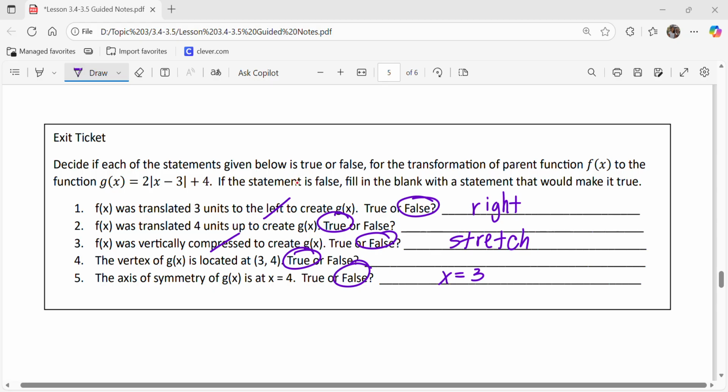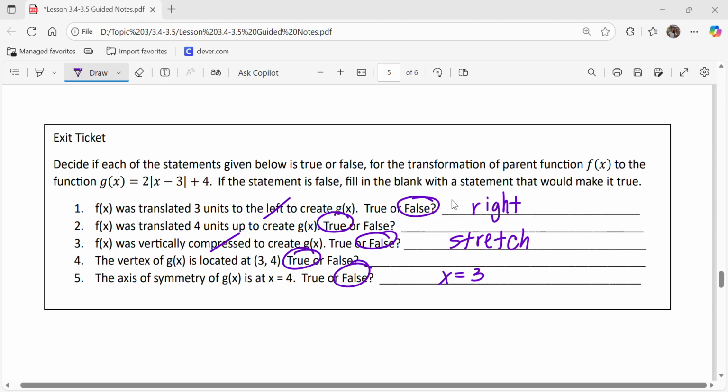And then I can always plug in 0 to find my y-intercept. So 0 plus 3 is 3. The absolute value of 3 is 3, times negative 2 is negative 6, and then plus 4, I know my y-intercept is negative 2. Since my axis of symmetry folds it in half, my y-intercept is 3 units to the right, so I can do another point 3 units to the left, and then draw my absolute value function.